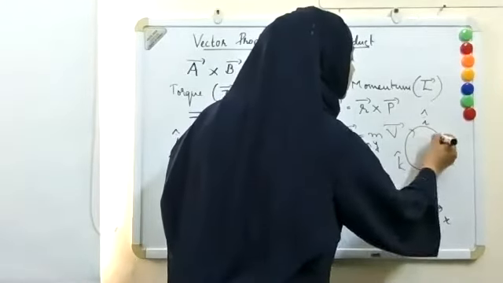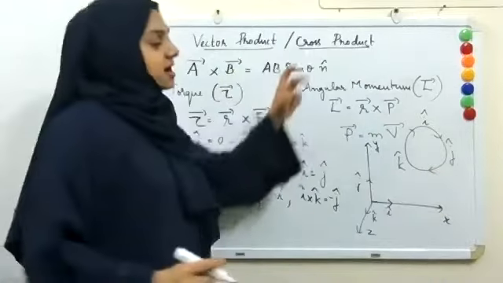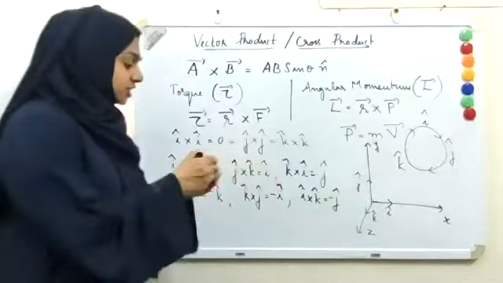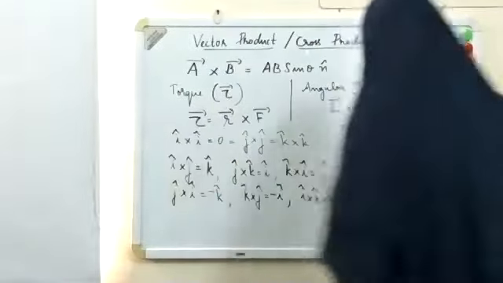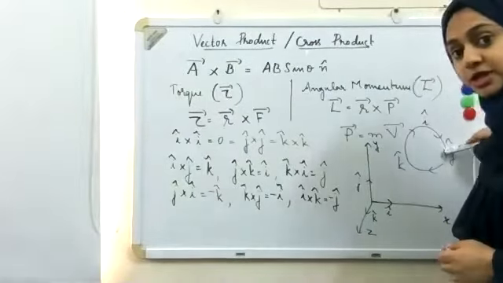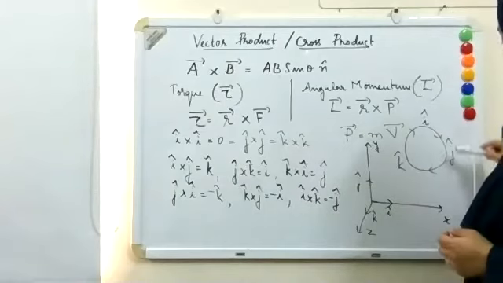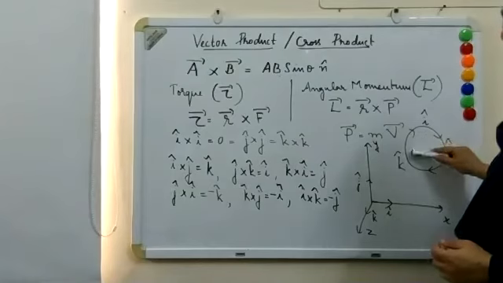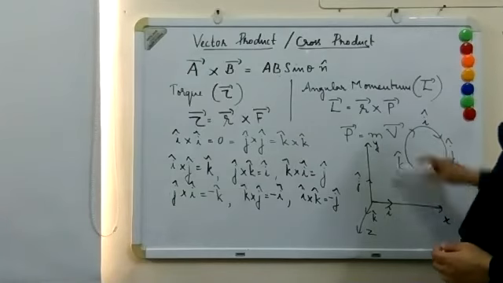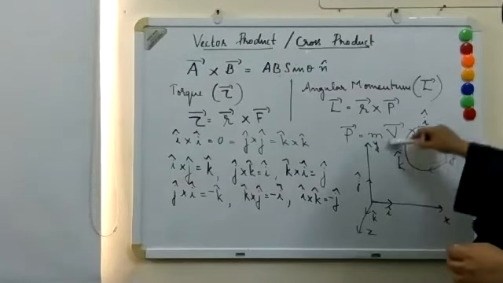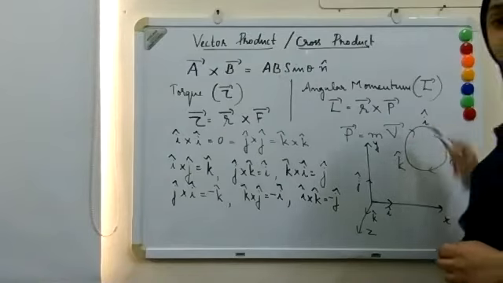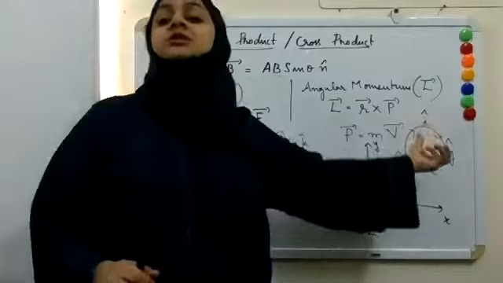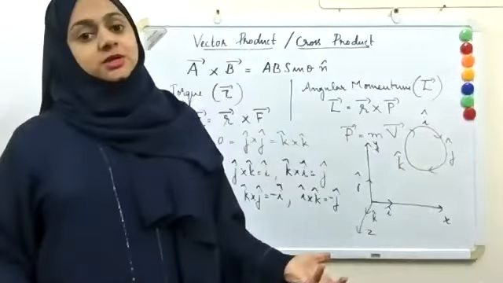If it is taken in the cyclic order, i, j, k, if it is i cross j, for example, it is k. If it is j cross k, it is i. If it is k cross i, it is j. If you go in the cyclic order, you will get positive quantities. Okay. Now, if you go in the reverse order, you will get negative quantities.